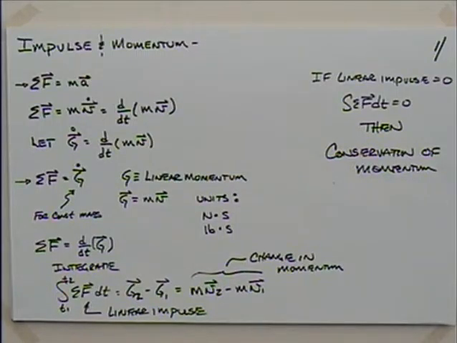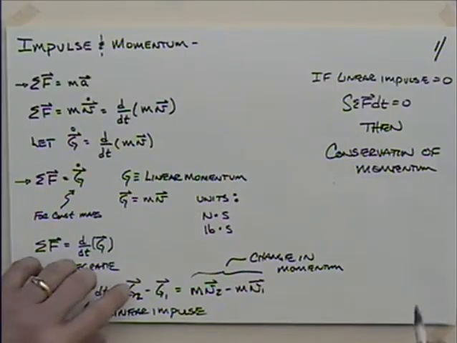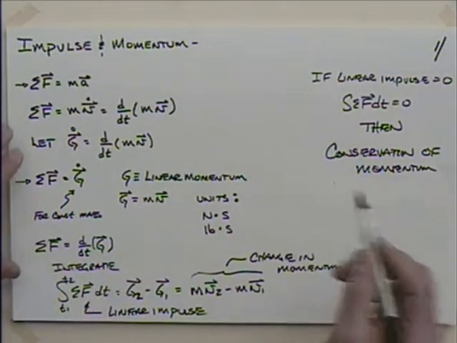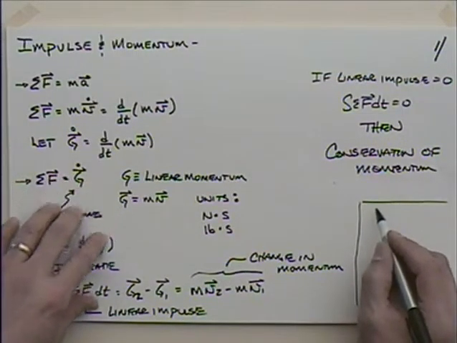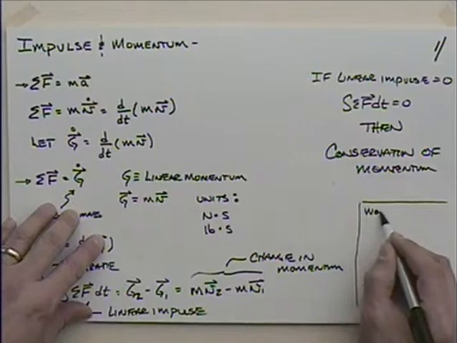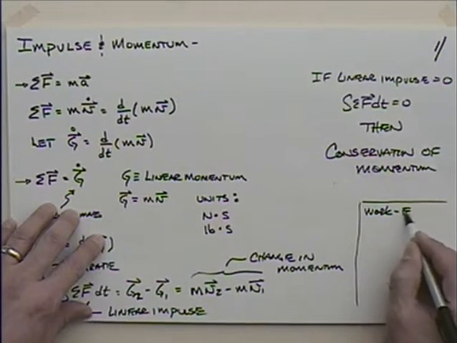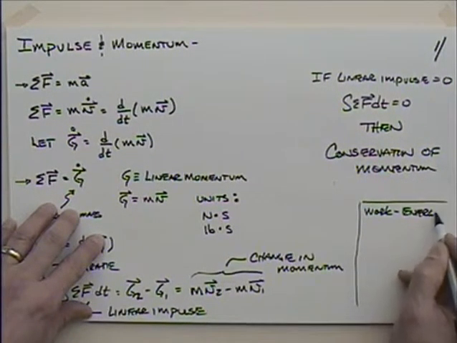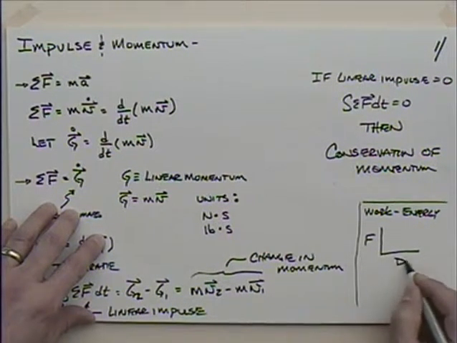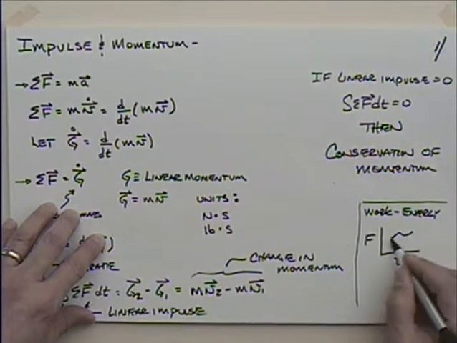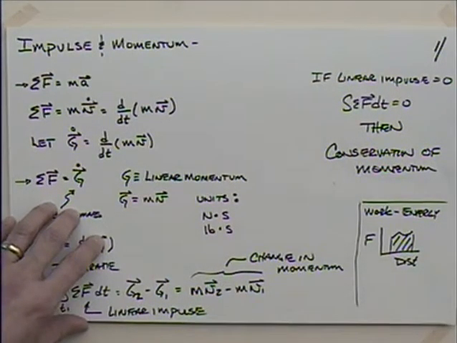You've probably done some conservation of momentum problems in physics, and we'll do some in here. Maybe we should talk a little bit about how this differs from work energy. So going back to work energy, if we saw a force over some distance, the area under there was the work, right?